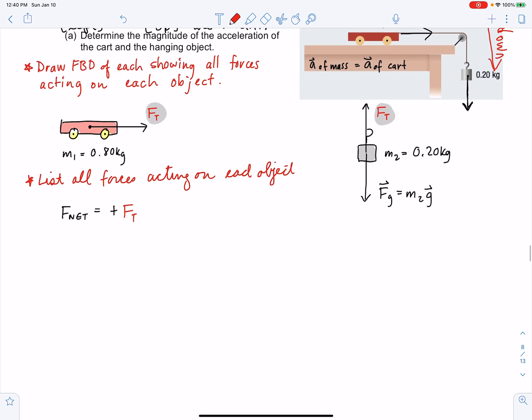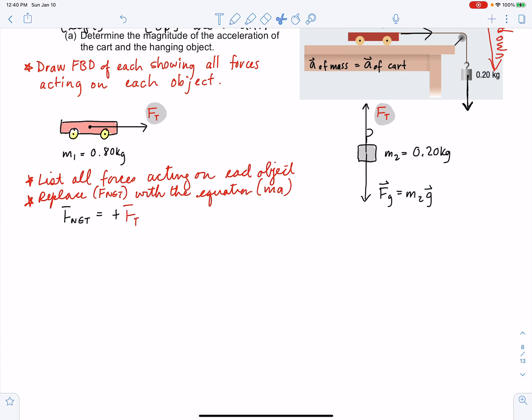The second thing I'm going to do is replace the term F net with the equation MA. Just going to make a little room.